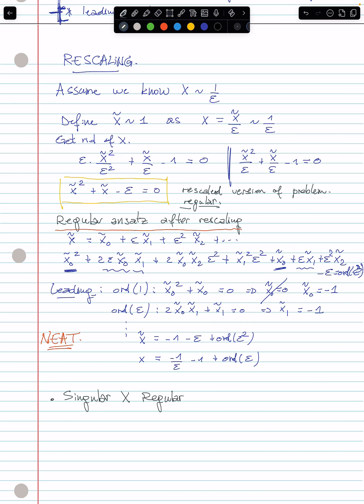Whenever a problem is singular, it doesn't mean it is singular everywhere. And so some part of the problem can be tackled with regular tools, like the regular ansatz. Use rescaling for the rest.